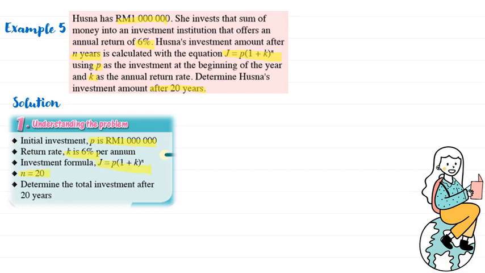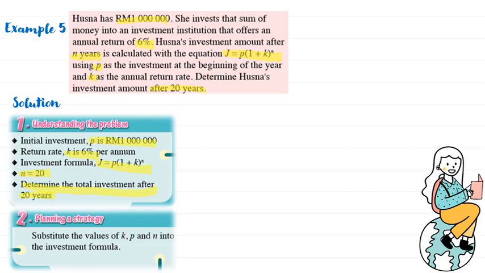The question asks you to determine the total investment after 20 years. So plan the strategy. You need to substitute the values of K, P and also n into this formula to calculate the value of J.